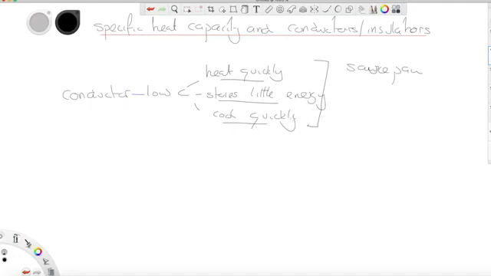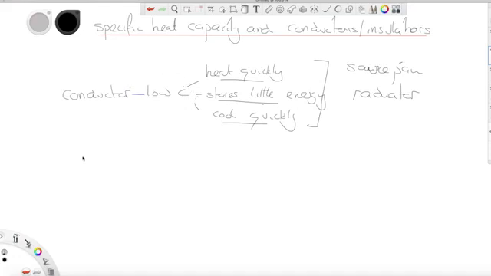So your saucepan or a radiator in your house or in your car, you want it to get hot quickly. You want it to store very little energy. You don't want to have to put in loads and loads of energy in order that you get some heat out of it. And when you're done with it, you want it to cool quite quickly. These are properties of a conductor which they have because they have a low specific heat capacity.